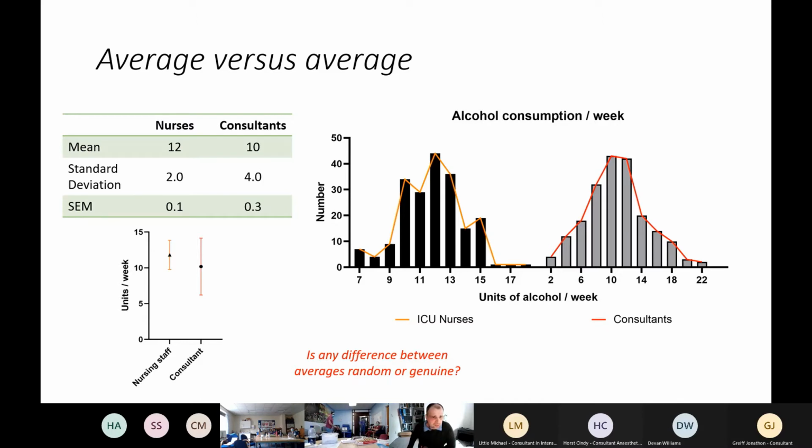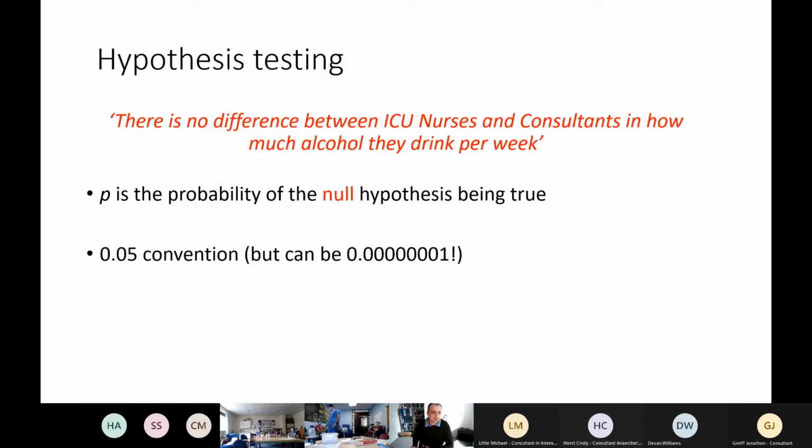And this brings me on to probably the most important part of any sort of stats, which is the hypothesis. So statistics is really about answering a specific question, the hypothesis. The danger of statistics is data trawling, where you just go through data and generate loads of associations, but you don't actually have a question.